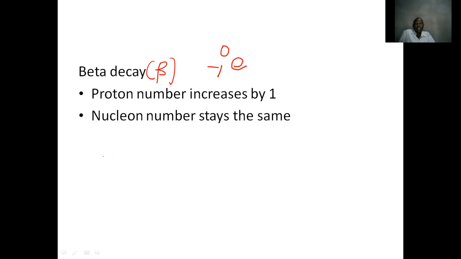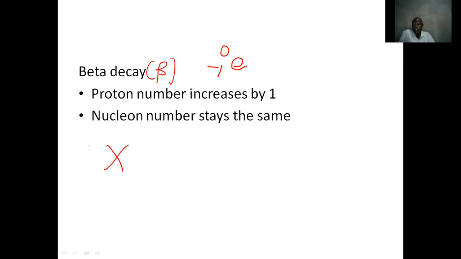So it's an electron here. So the proton number will increase by 1, and then the nucleon number stays the same.